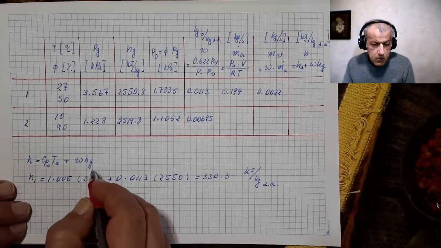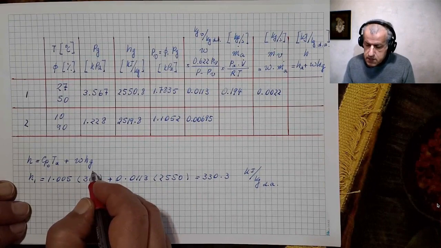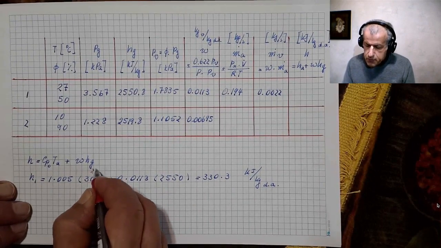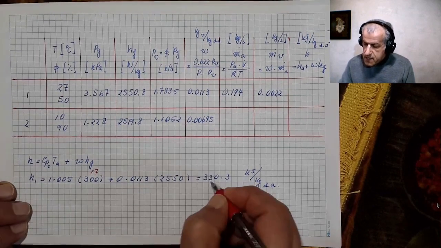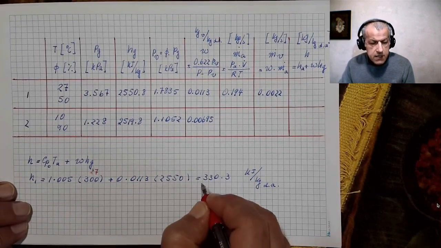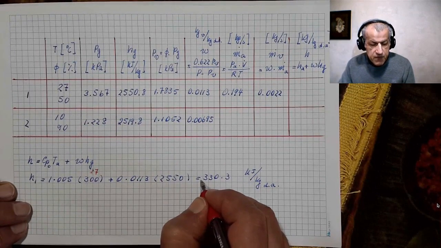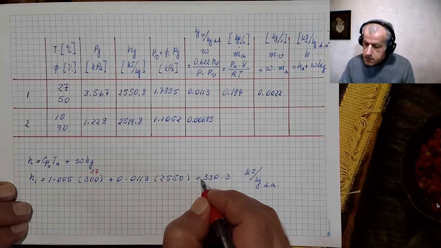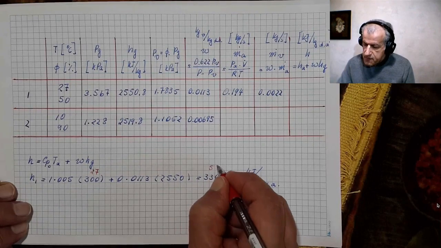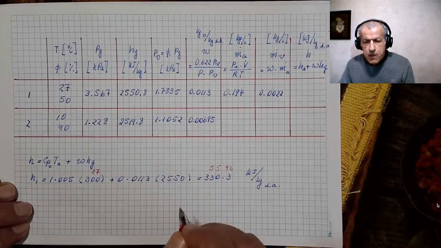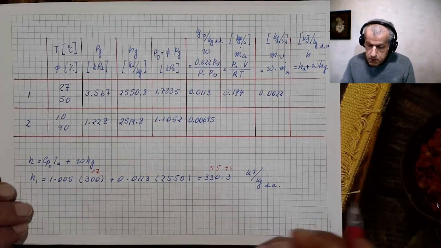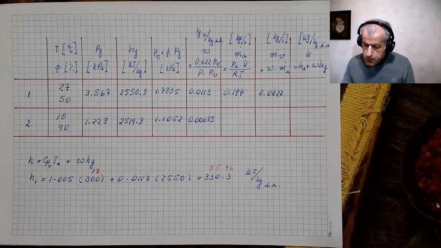So what they do, and you see it in some books, is that they put just that 27 here, and instead of coming to 330, they would come to 55.96 here.